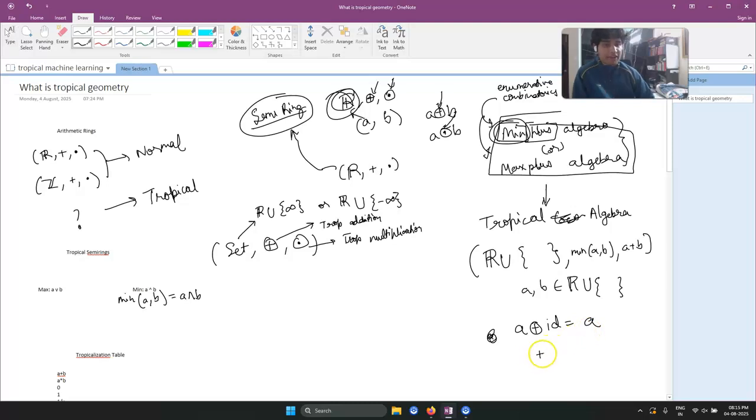For example, with regular plus, what number gives back a again? That's 0. If the operation is the minimum function, what number would give me back a? It has to be a number that's always greater than a, so that the minimum is a. That is plus infinity. That's why I said we can have minus infinity or plus infinity as the choice. So this infinity is now going to be included in our set.